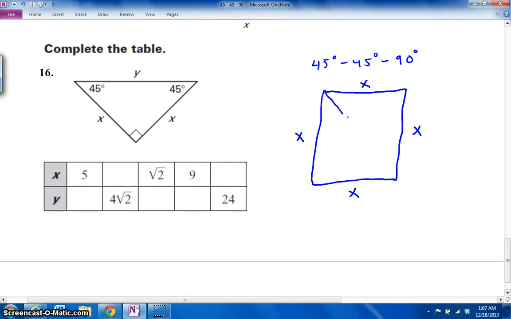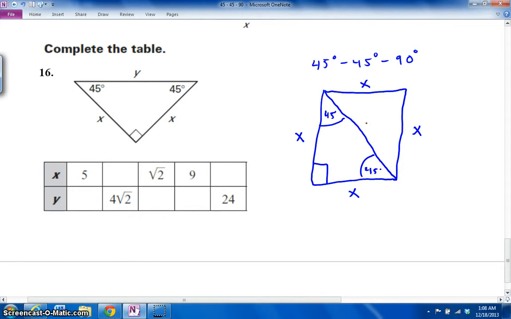And if we take a diagonal from one vertex to the opposite vertex, you get a hypotenuse opposite your right angle. And the diagonal bisects the right angle, so we have 45 degrees on either side of the right angle.